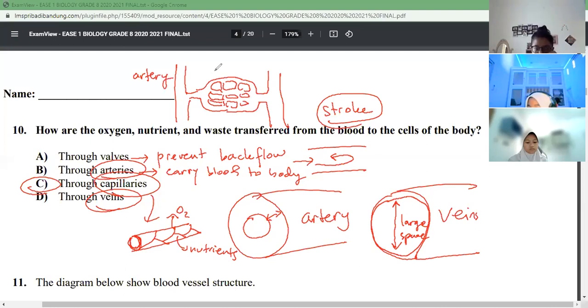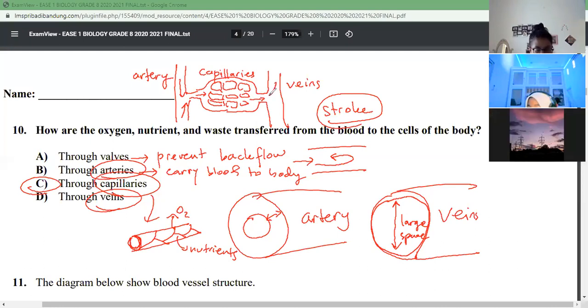This one is capillaries. This one is veins. So the blood comes through here to the capillaries, and then passes through the capillaries to the vein, like that. Okay. Any question? Great. The answer is C.